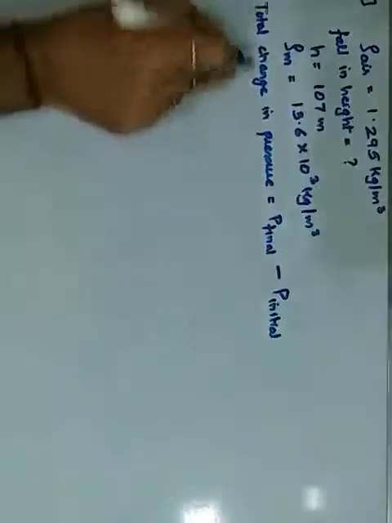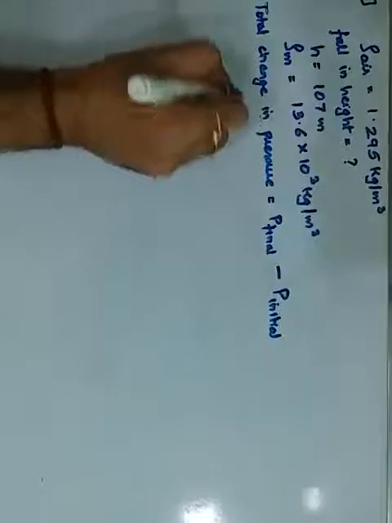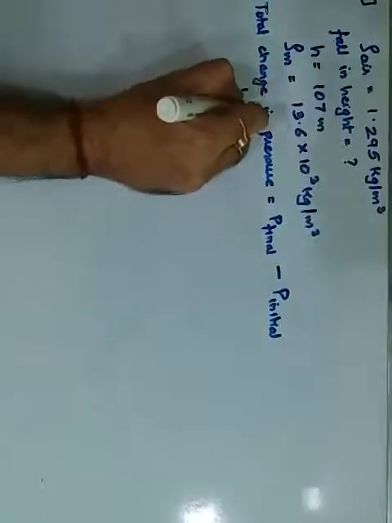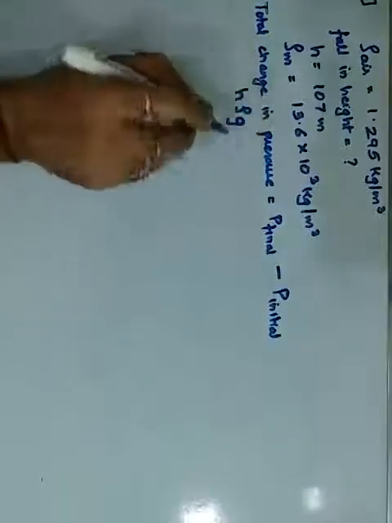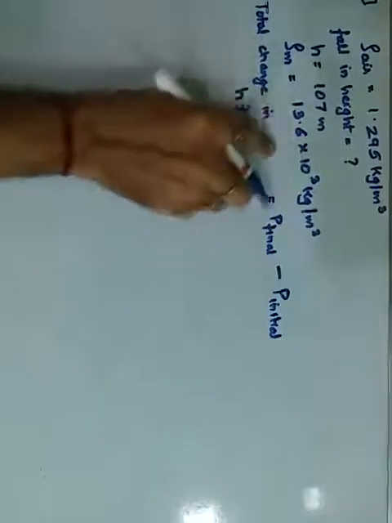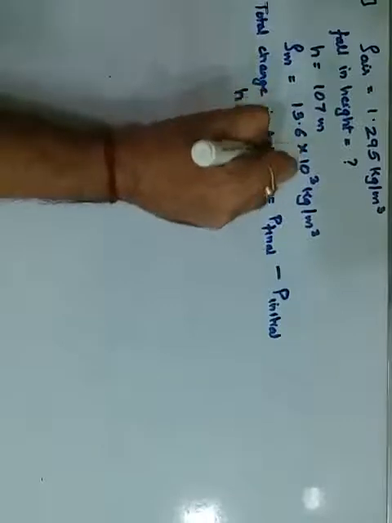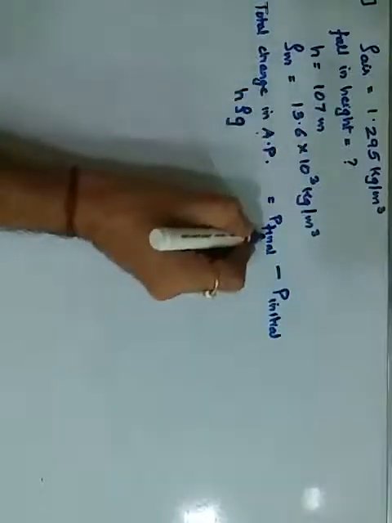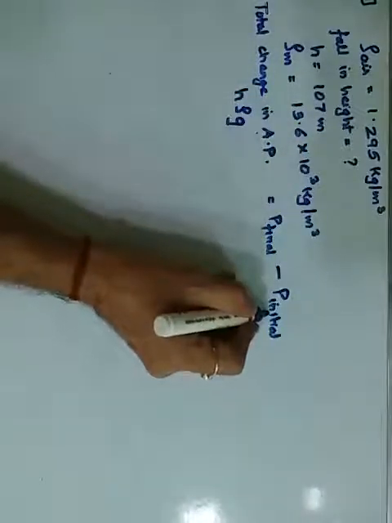The change in pressure is H into rho into G, but this is for the total change in atmospheric pressure. So the total change in atmospheric pressure is the pressure at final point minus the pressure at initial point.